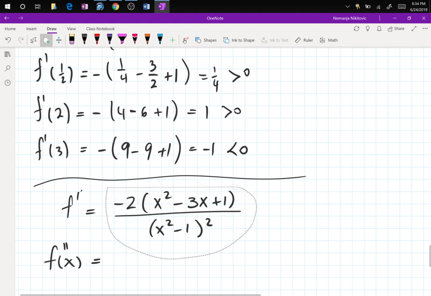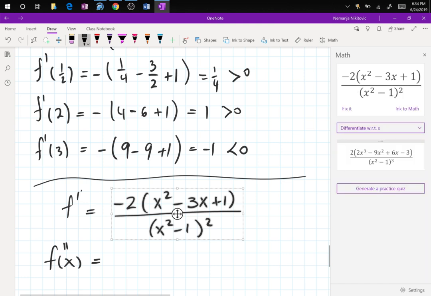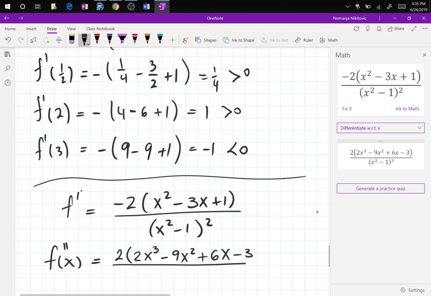I'm going to put this into the machine over here. To get this, I use chain rule in addition to quotient rule. Plus 6x minus 3.